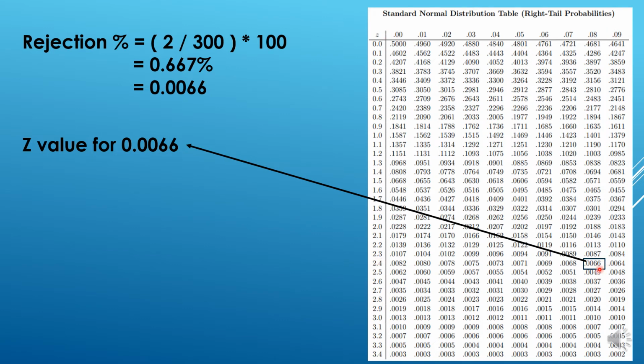For 0.0066, the first value is 2.4 and the respective next digit is 8. So 2.48. The Z value is 2.48.